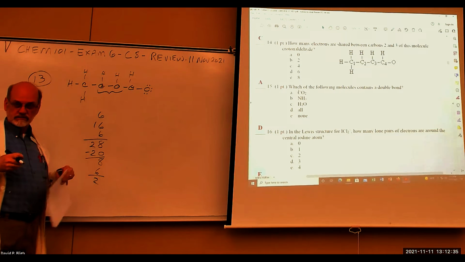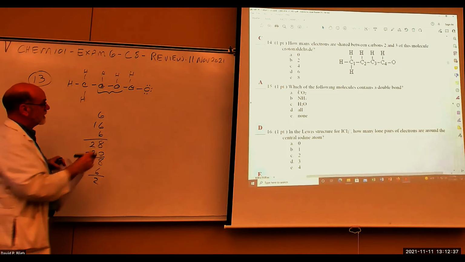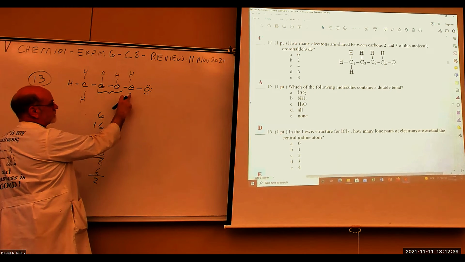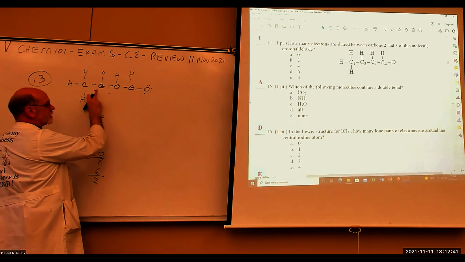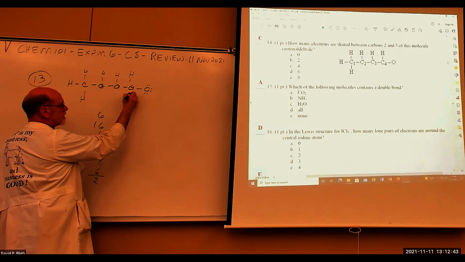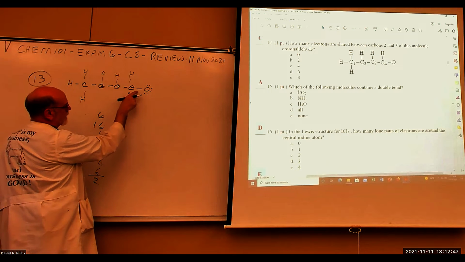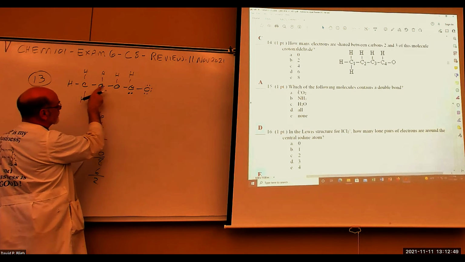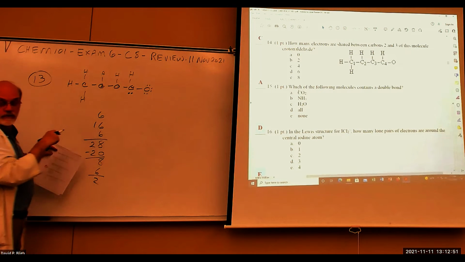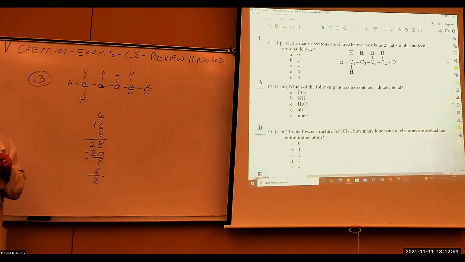So where does the 2 go? The rule, or the suggestion, is just move to the next one and put them there. If we put 2 here, then we've got an octet here, we've got an octet here, but these 2 are left out cold. There's no way to get an octet out of those guys. So you try to figure a way to get octet.